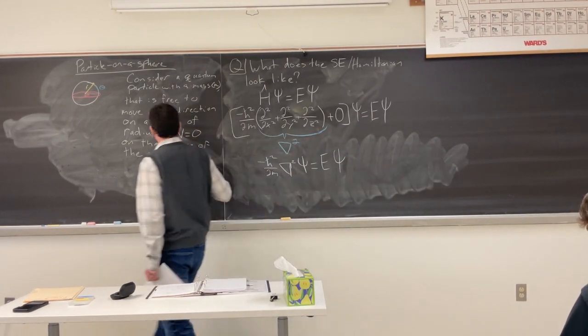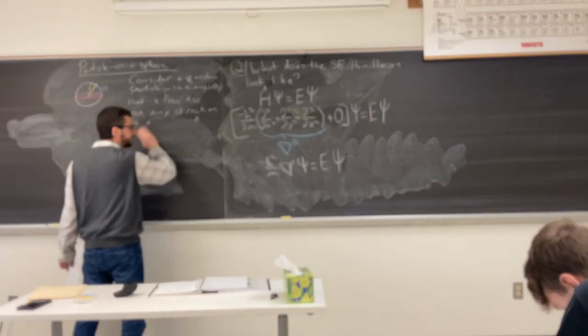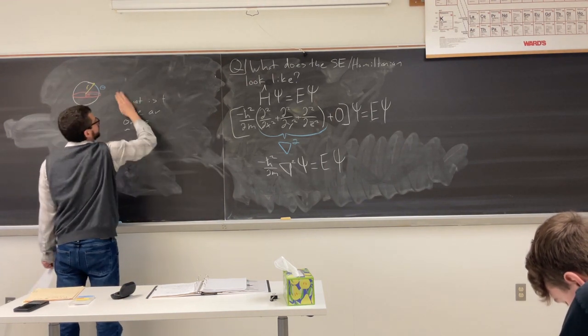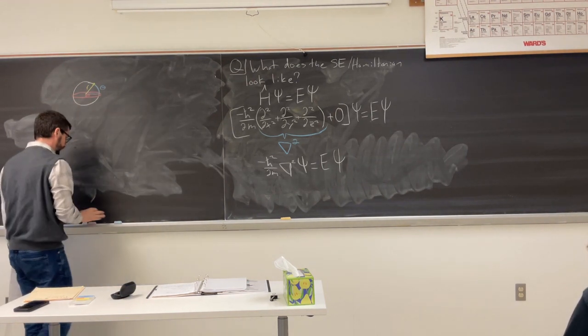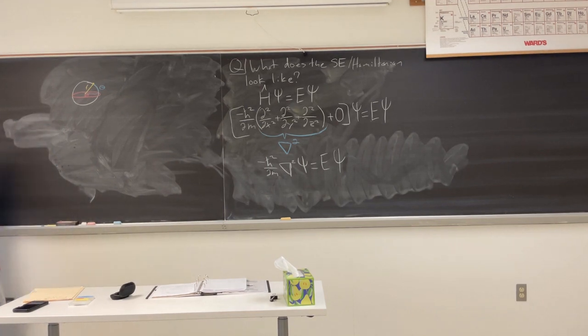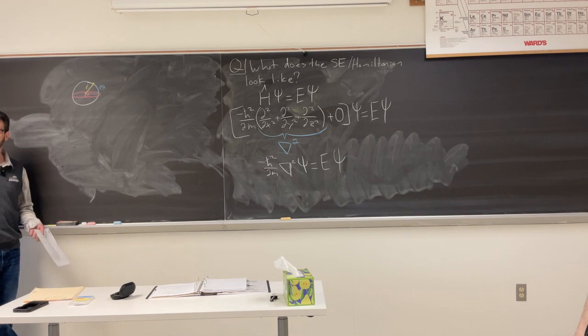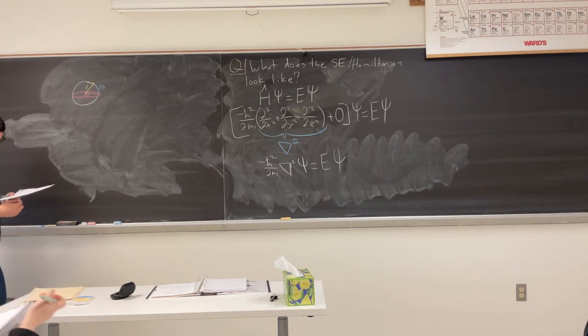You can try your best to make this work with Cartesian coordinates, but what you're going to find is they're connected to one another. It's not easily separable. If you go to spherical polar coordinates, it is.